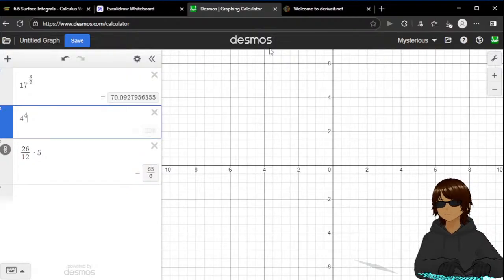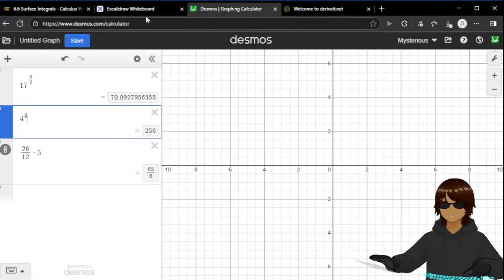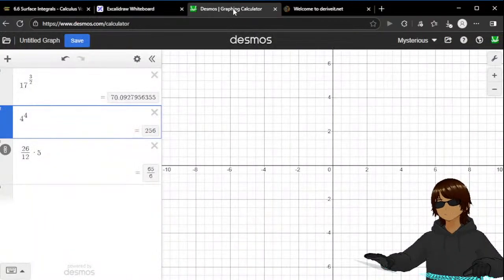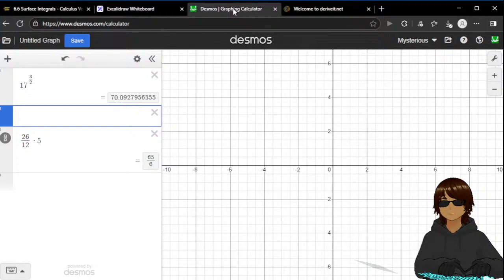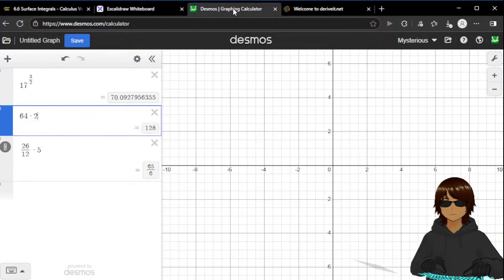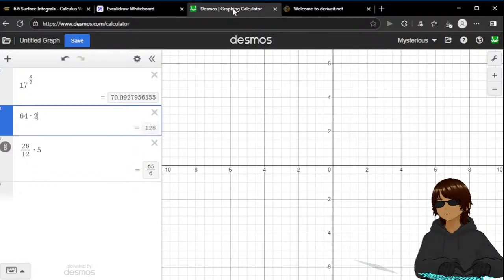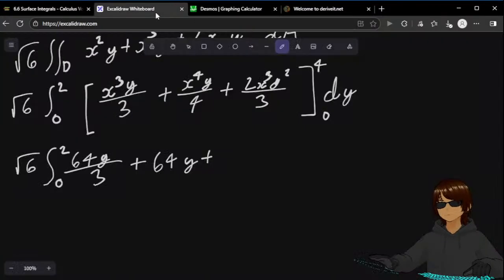What is this? 256 over 4. Actually, it's just 64, so the over 4 disappears. 64 times 2 over 3. Okay, the over 3 doesn't do anything. 128.